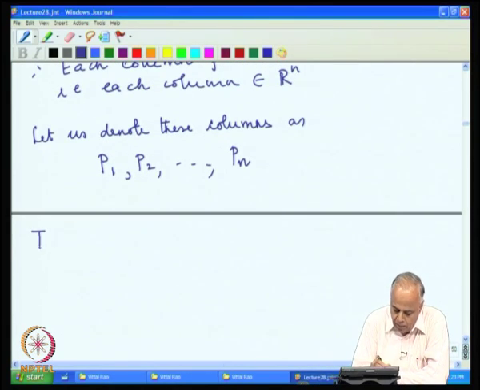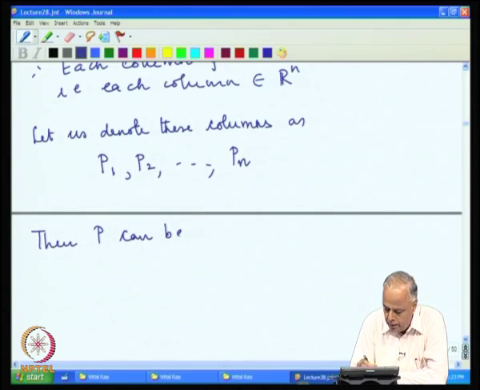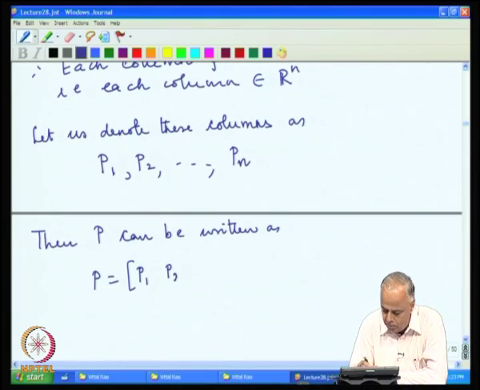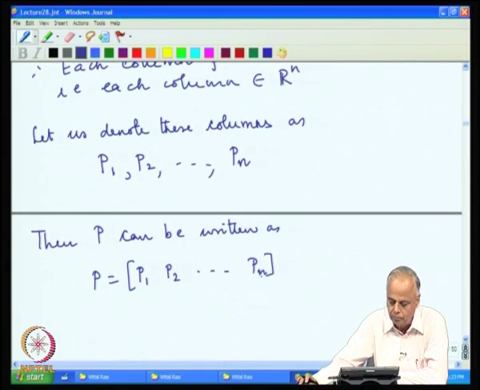Now, then P can be written in column notation with its first column P 1, second column P 2 and the nth column P n.